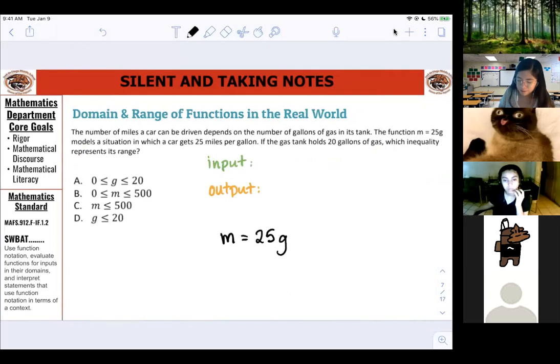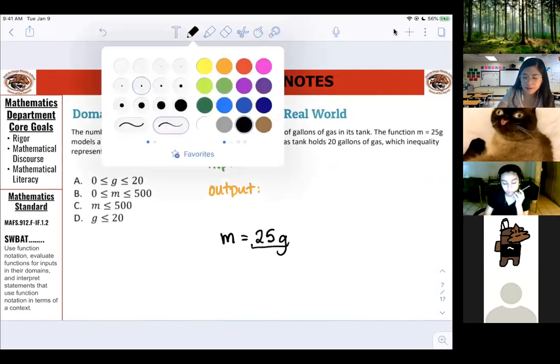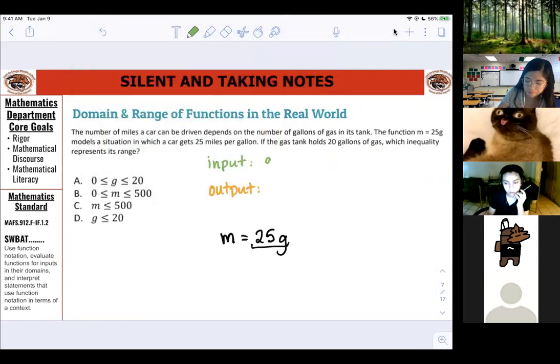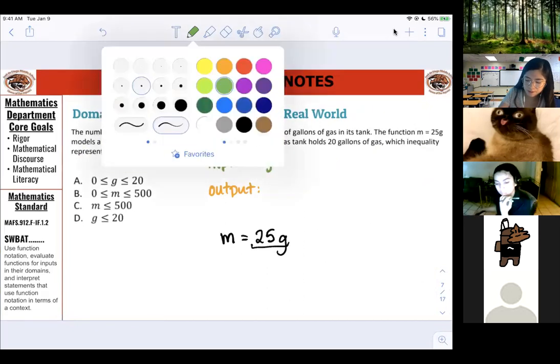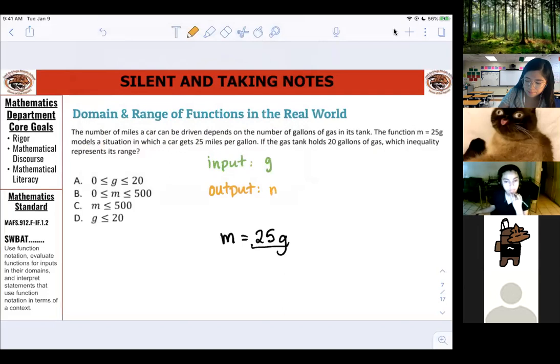G. The G. So that's how I know that's my input. So my input is G, which means my output is M. And you can kind of think about it this way, because if you have a car, what do you put in your car? Gas. Gas, right?